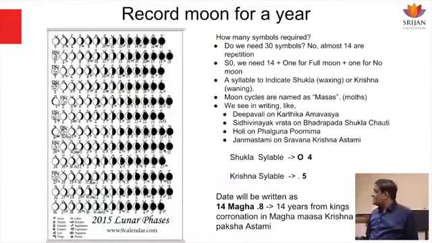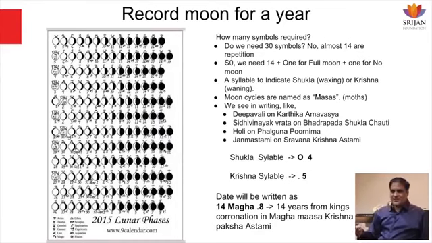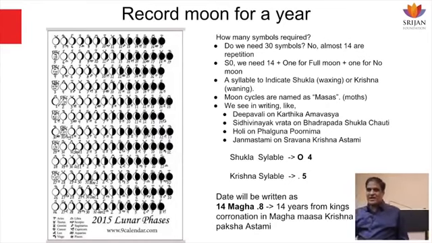And do we need individual symbols to count this moon? No, because after 15 days, the moon repeats, and here you see the black portion totally reversed in Shukla Paksha and Krishna Paksha, meaning the moon is growing and the moon is coming back. So you don't need different notations.